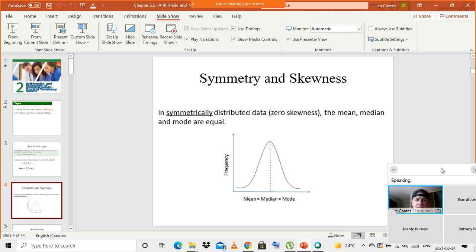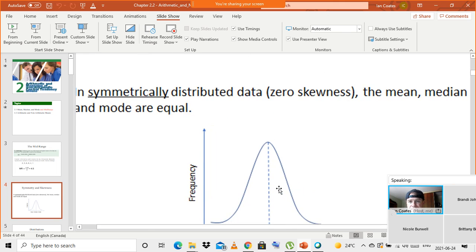Let's look at this one right here: symmetry and skewness. We're plotting something here. Let's say it's the number of French fries eaten at one sitting for males over 40. Whoa, crazy.